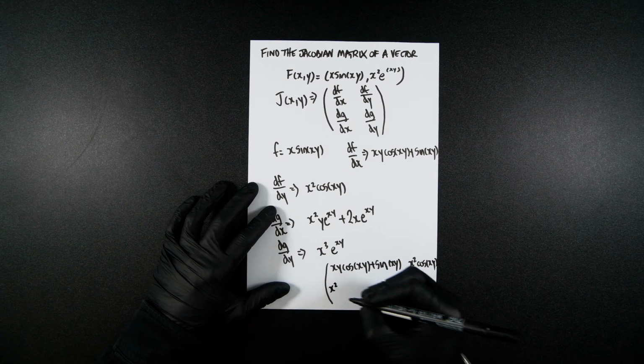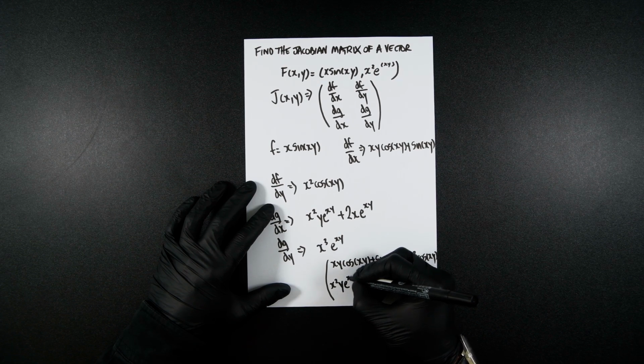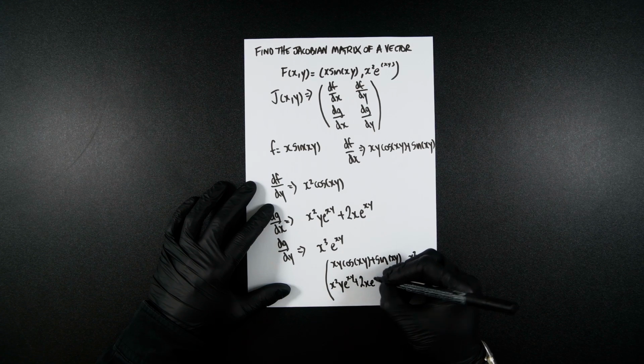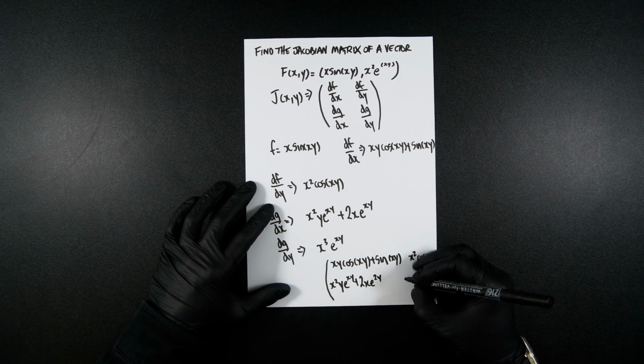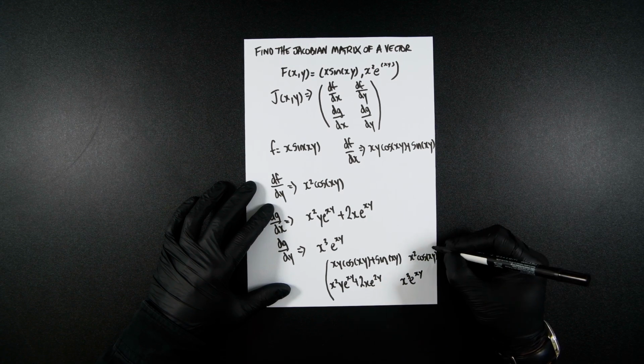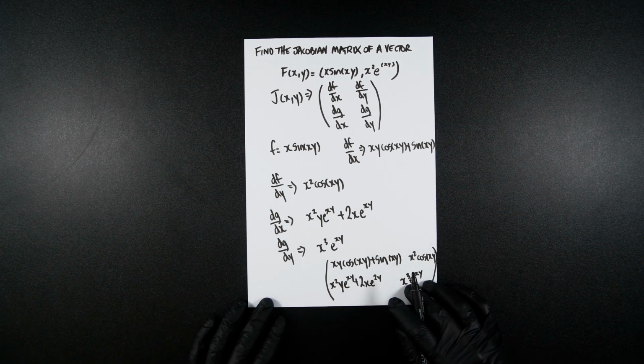Here we would get x squared y e^(xy) plus 2x e^(xy). And here would be x cubed e^(xy). And that is all in a matrix.